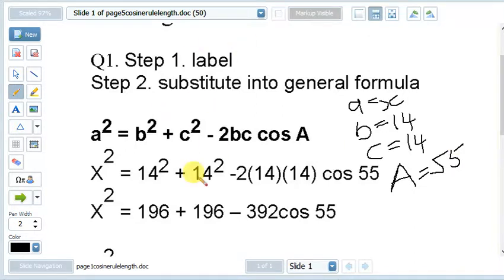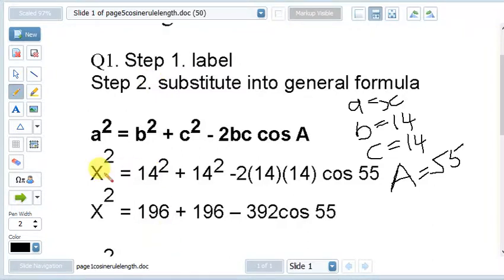Now just bearing in mind, again I'll repeat it, that if you were after b squared, for instance, b squared would equal a squared plus c squared minus 2ac cosine of B. Okay, so you can rearrange these letters. So now we substitute our numbers from the triangle into the general formula.